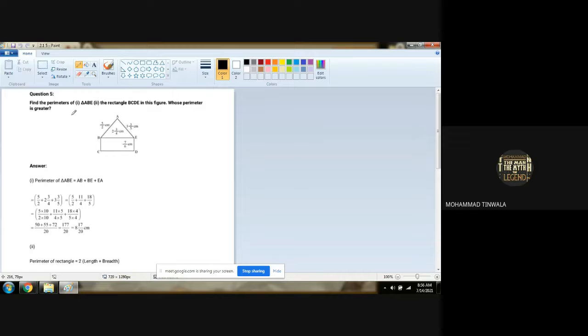Sir, first we have to find the perimeter. Then convert the answers into like fractions and then subtract. Then we get it. Very good.